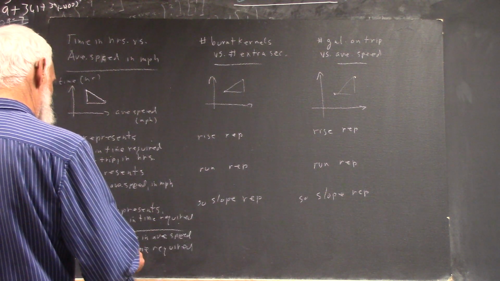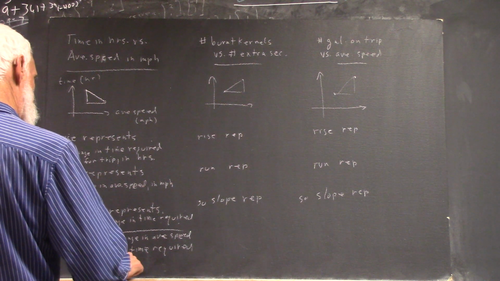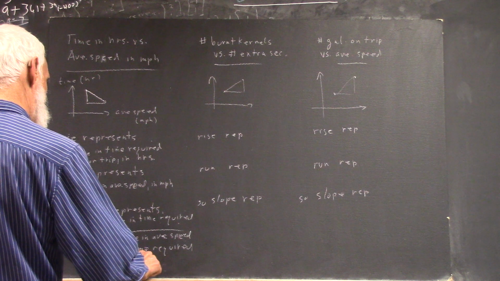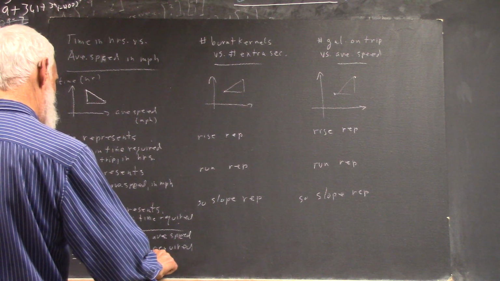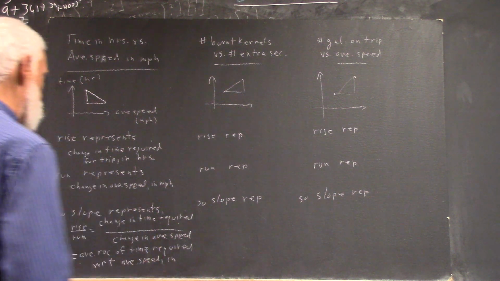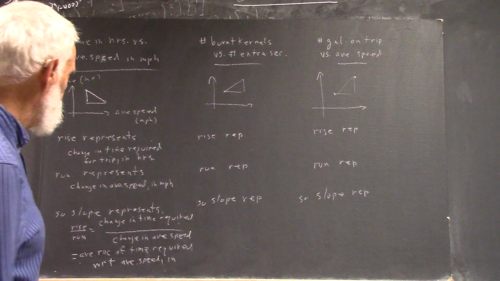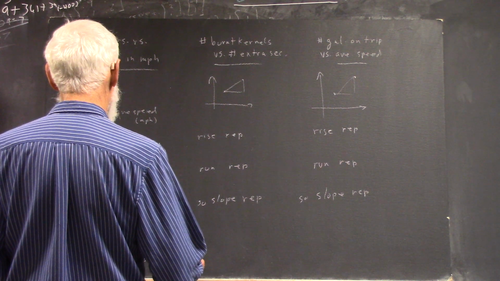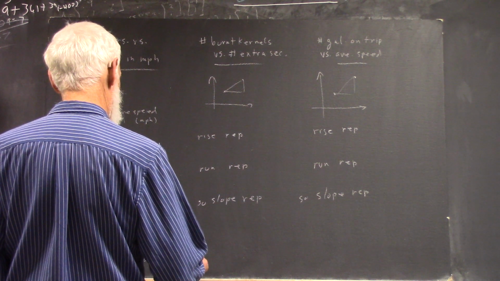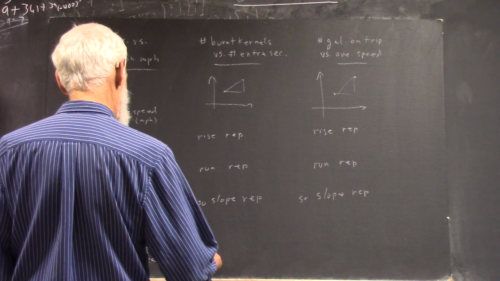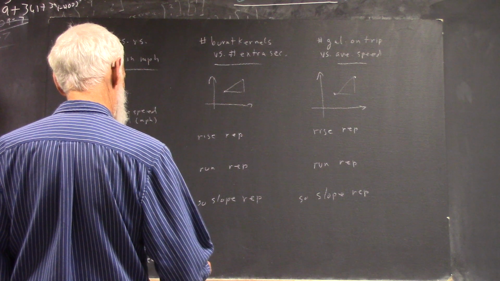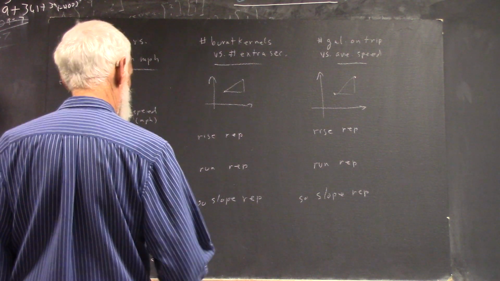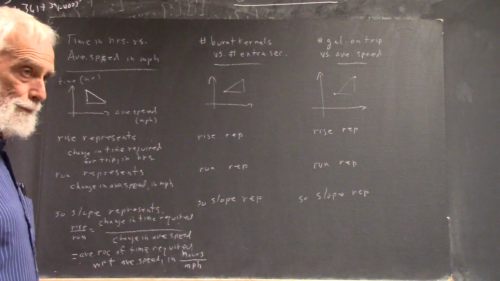We want to abbreviate it a little bit. Average rate of change of time required with respect to average speed in hours per mile per hour. Okay?